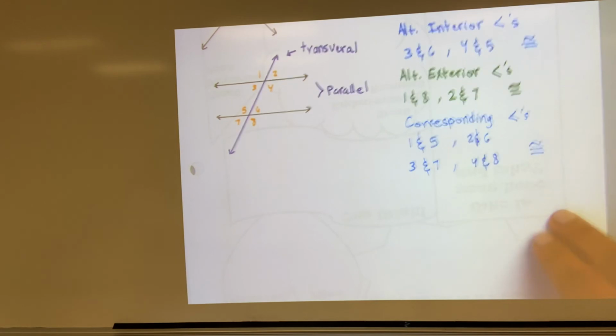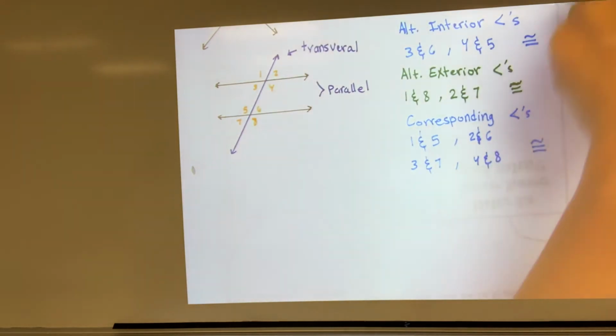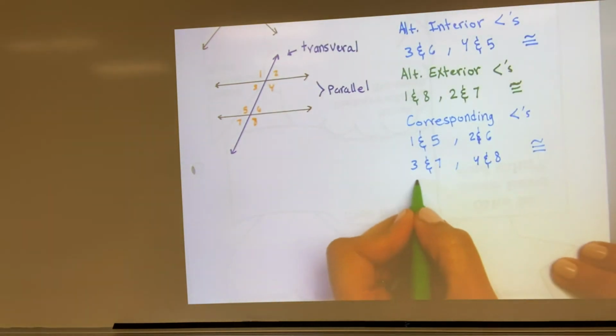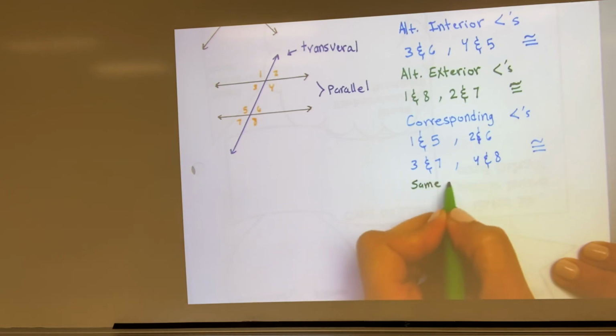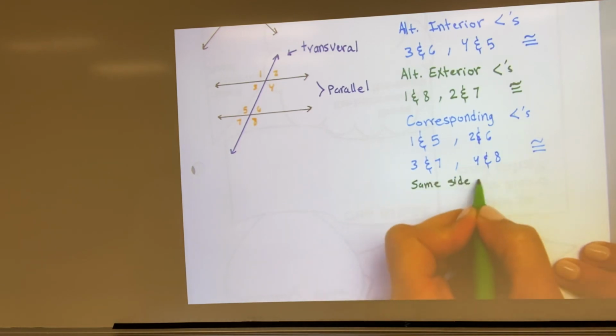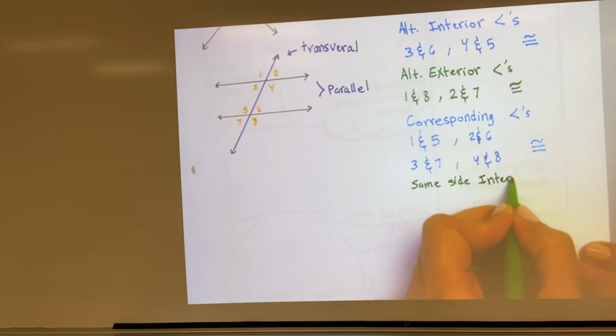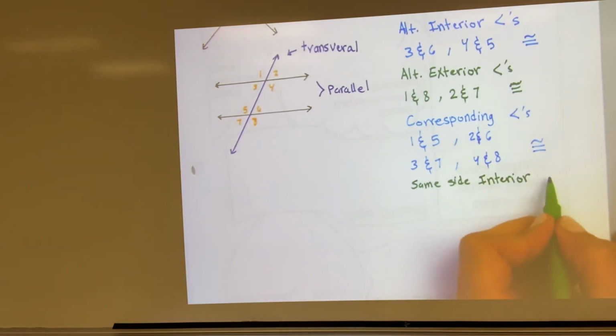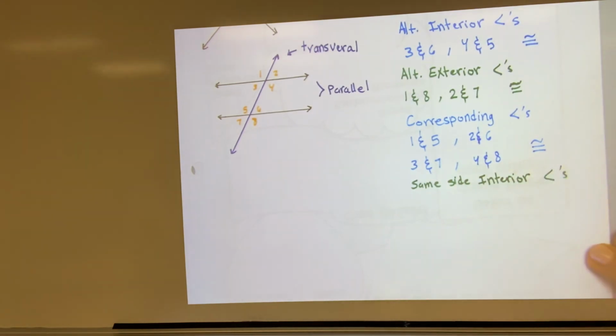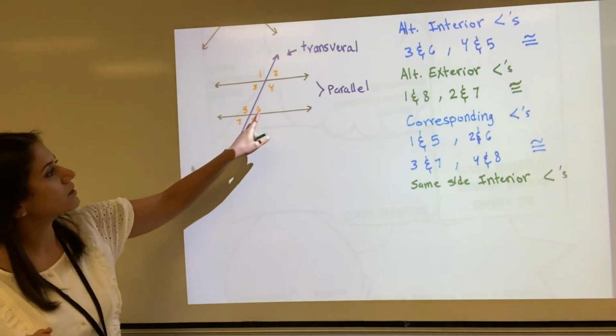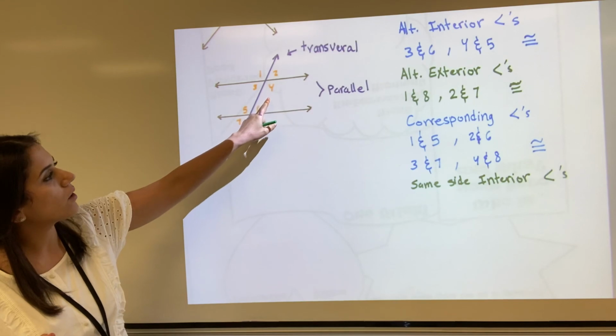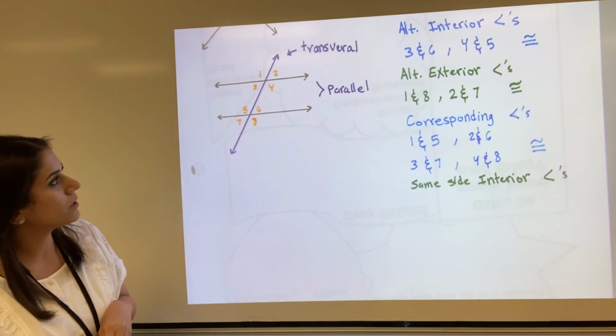And lastly, we have same side interior angles. So these are angles that are on the same side of the transversal line.